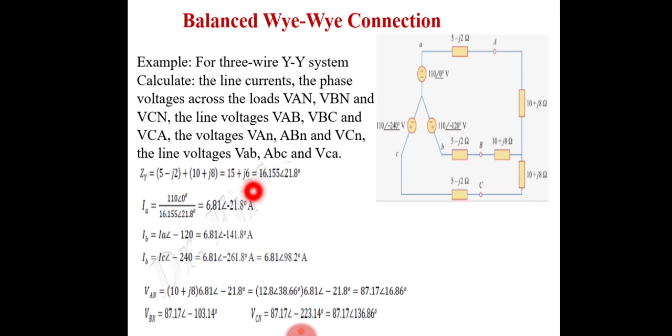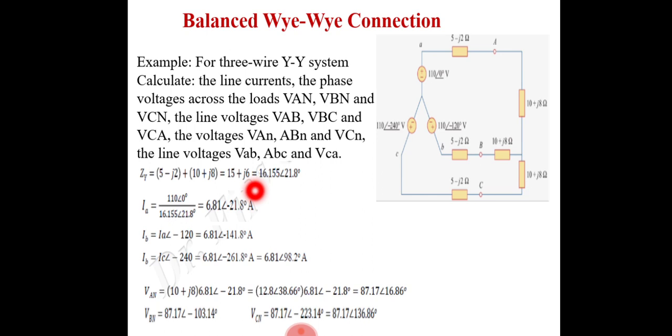Now we find VAN. VAN is equal to I times Z. What is I? 6.81, and Z is 10 plus j8, with angle minus 21.8. So VAN becomes 87.17 with angle 19.86.